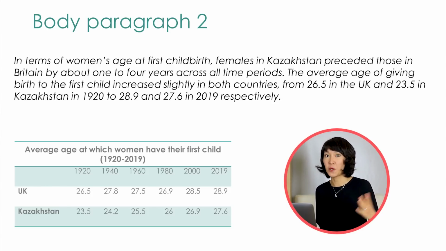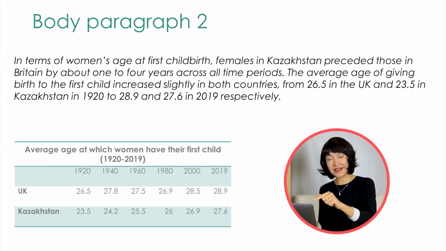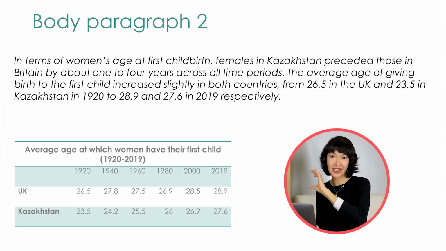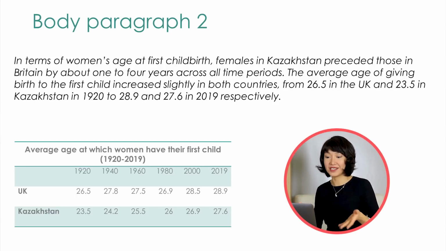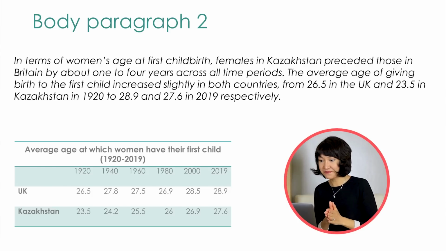That means they were earlier, they gave birth earlier. They preceded those in Britain by about 1 to 4 years across all time periods. So I just looked at the numbers in Kazakhstan and Britain and compared them, and they differed between 1 and 4 years. So I just summarized it in this simple phrase.